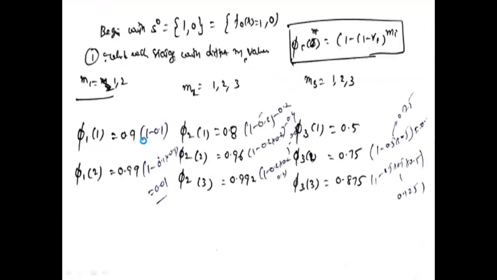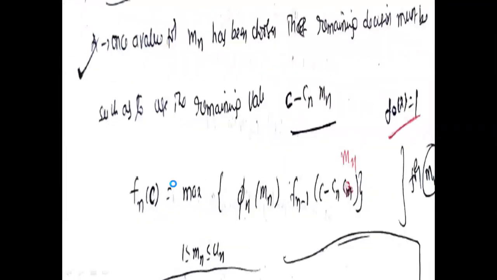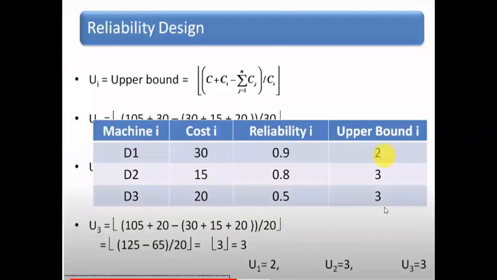Same for the next, for the S3 maximum value. Next we are calculating S cube: S1 cube, S2 cube, S3 cube, because the upper bound of the third device is also 3. So here 3 represents S1 cube, S2 cube, S3 cube, and 2 represents S1 square, S2 square, S3 square.